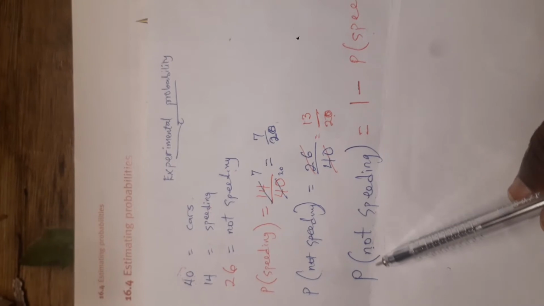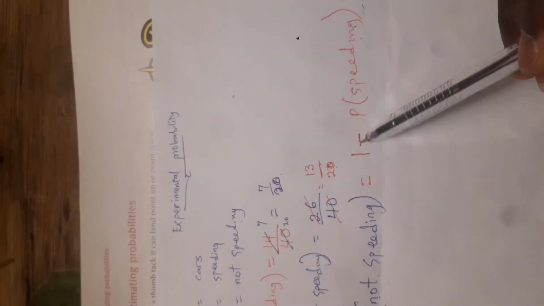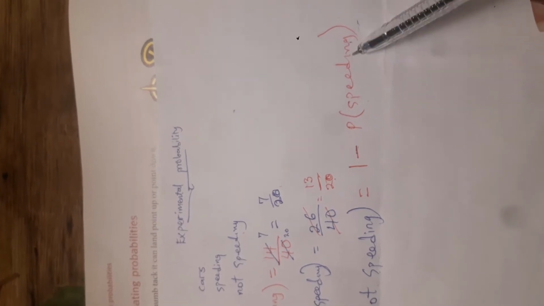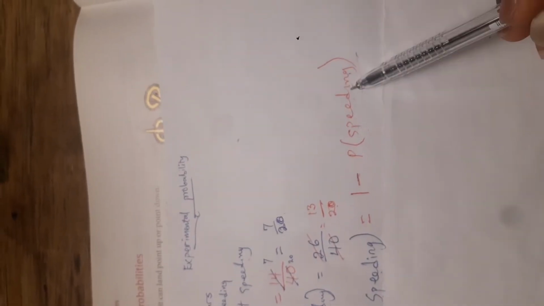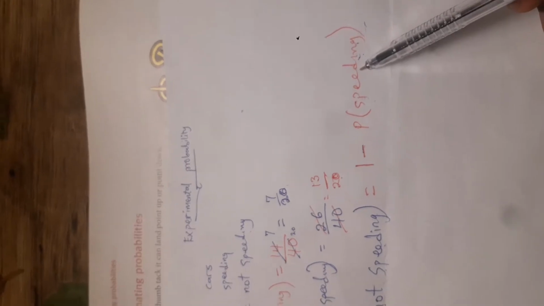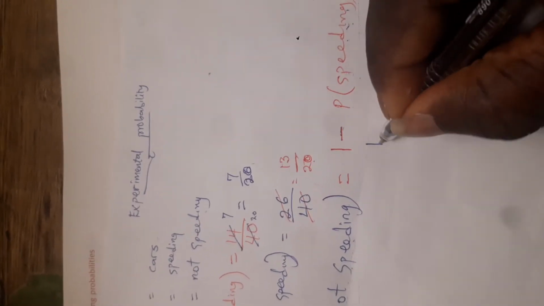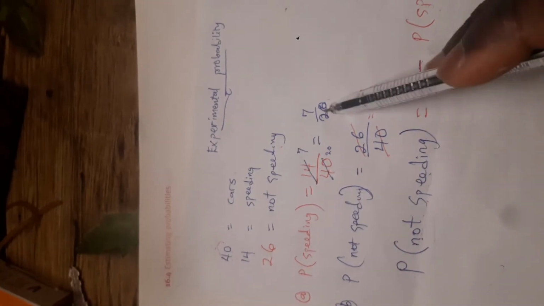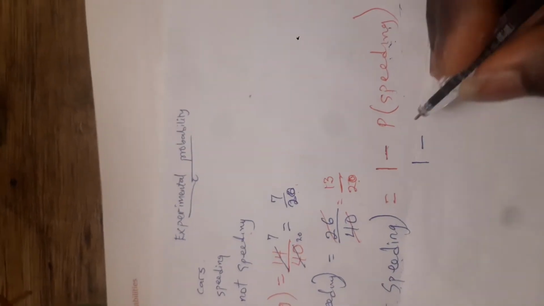Find the probability of not speeding. It also means 1 minus the probability of speeding. The opposite of not speeding is speeding. So the probability of not speeding means 1 minus the probability of speeding. Now what is the probability of speeding? I have 7 over 20.